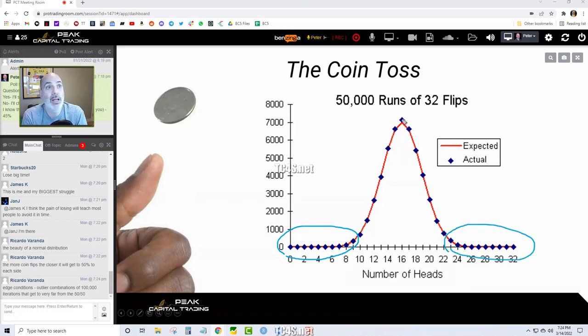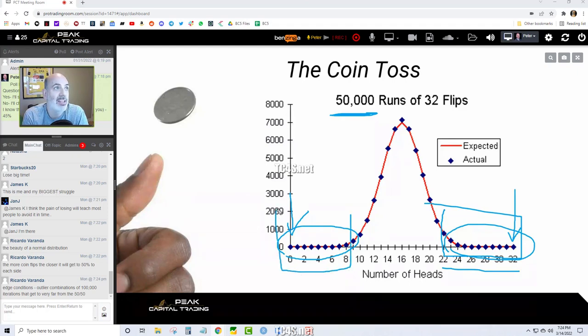So when I flip my coin, there are a non-zero number of times when I will get 32 heads in a row, and a non-zero number of times where I get 32 tails in a row when doing this 50,000 times. Or I could get a large distribution of between 22 and 32, or as you can see here, roughly 8 and 0. So again, what does this mean to us?